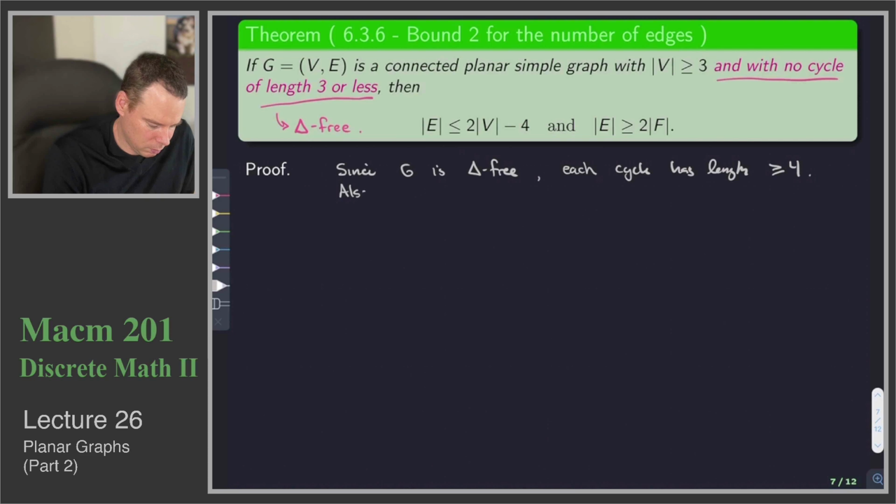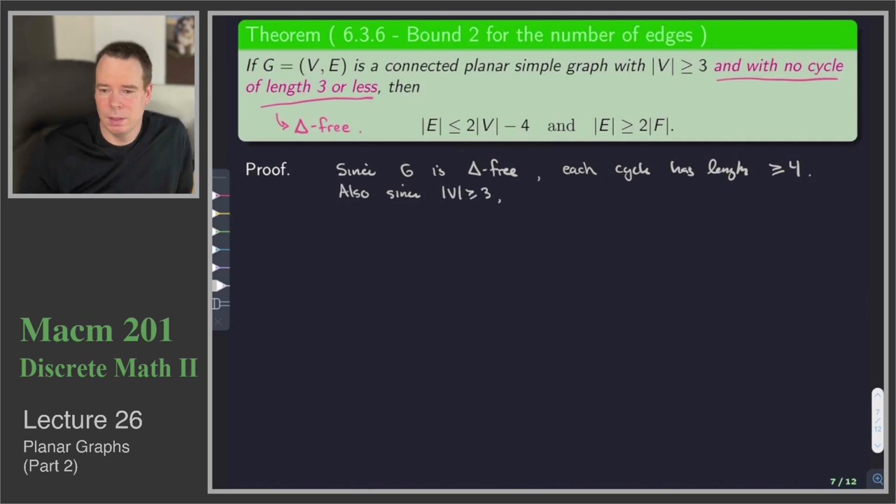Also, since the number of vertices is bigger than or equal to 3, then we are out of these simple cases where we've got just two vertices and an edge connecting them. There has to be more to our graph. That's really what the vertices being at least 3 means. It's connected with at least 3 vertices. It means there has to be more to our graph.